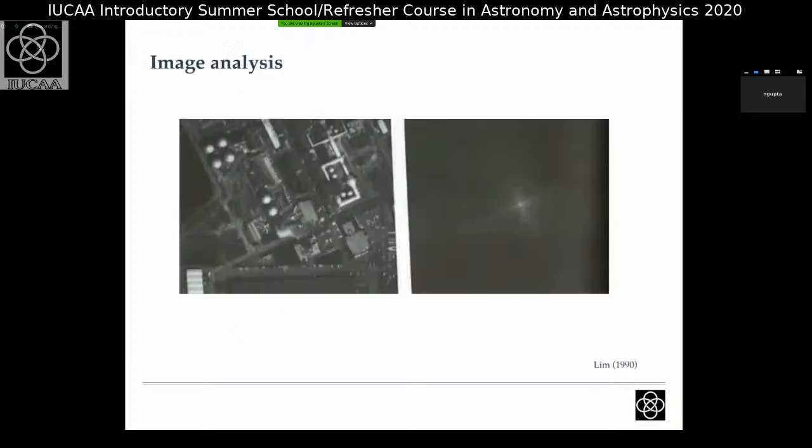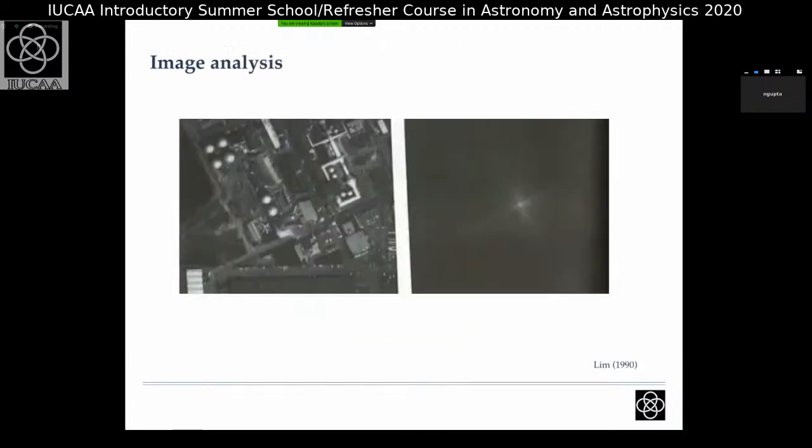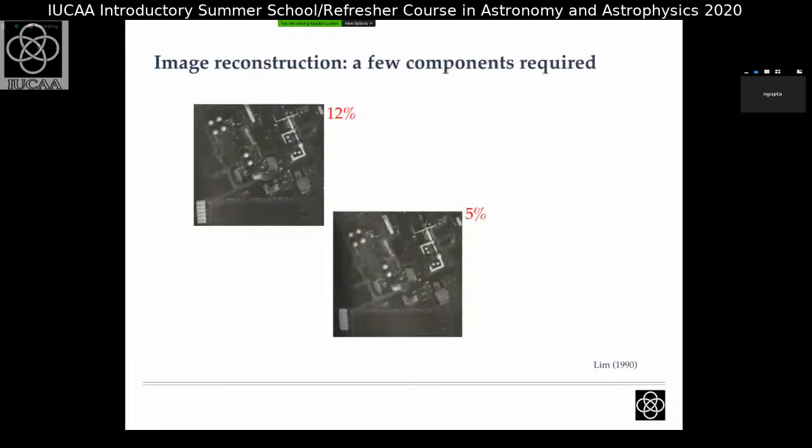Before that, let us see what is important in the data in this context. On the left we have an image. It's a sort of top view of a city. And if I take a Fourier transform of this, you can see there's something on the right. What I do is take only the top, let's say 12% of the components, and not all the components from this right-hand image, and then I do an inverse Fourier transform, and I get an image.